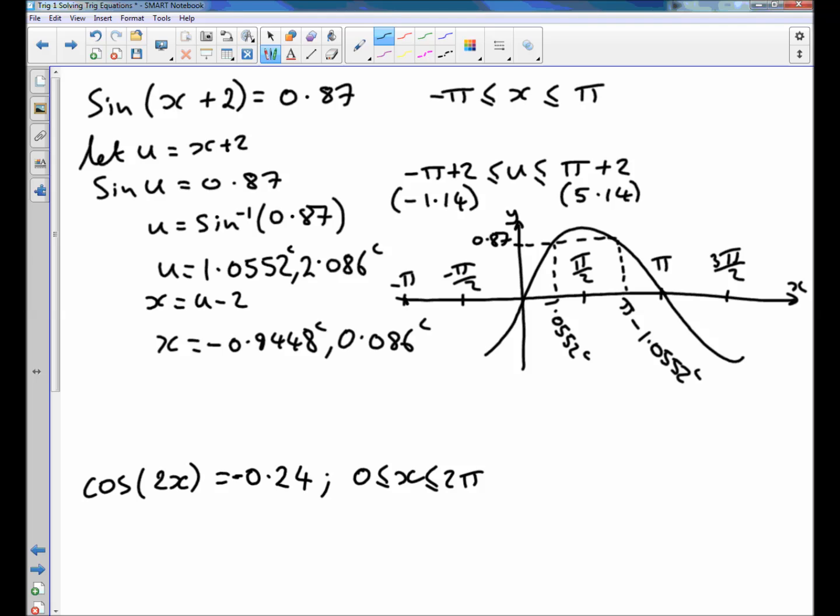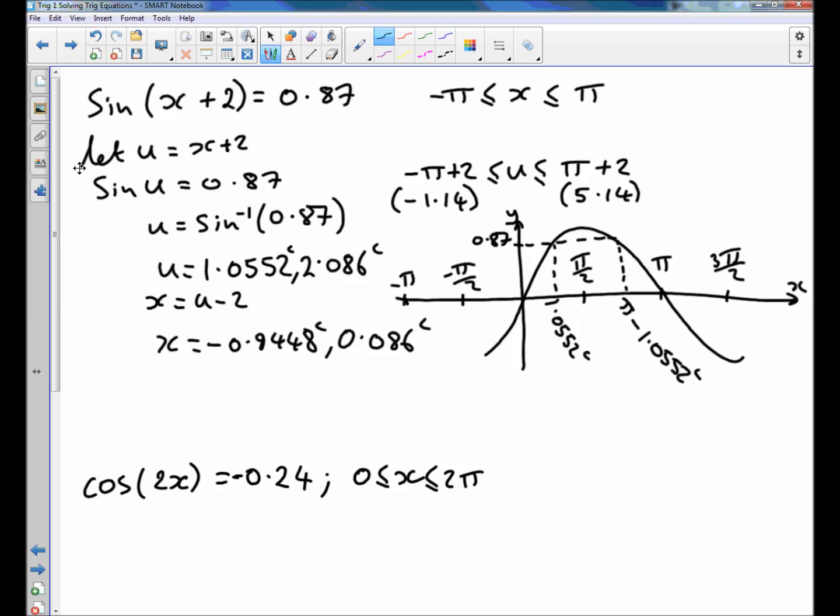Now, like I said, you don't have to do this by substitution. You can go through and work out the values of x plus 2. However, the risk there is that people find their principal solution of x plus 2, then work out the value of x, and then use that value to work out the secondary solutions, which will then be wrong.